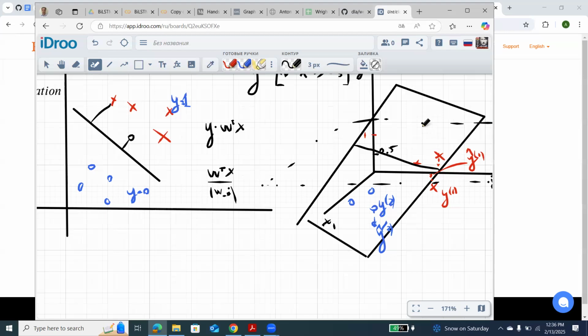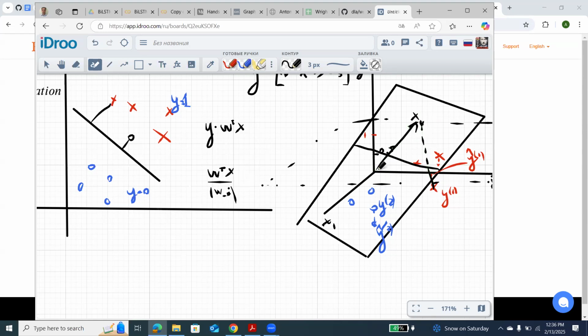Because if you look at the point in 3 dimensions, for example, this is your vector x, then this dot product was a height of this point.